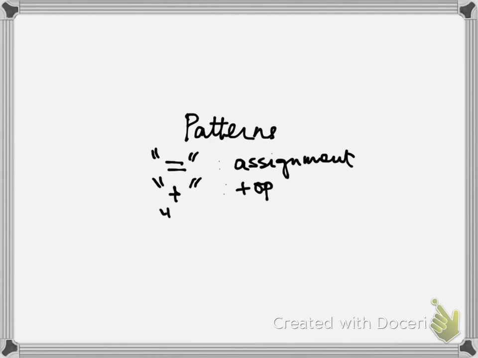This is the sign for multiplication, so the multiplication operator. Or they may be put together in a simple class called operator. So the language must give the pattern for each of these symbols. Similarly, now let's look at the pattern for numbers.